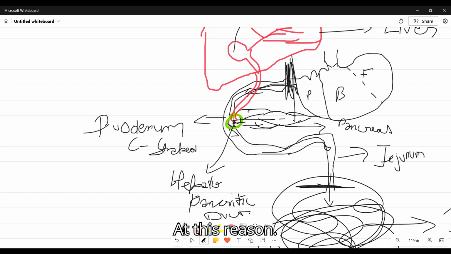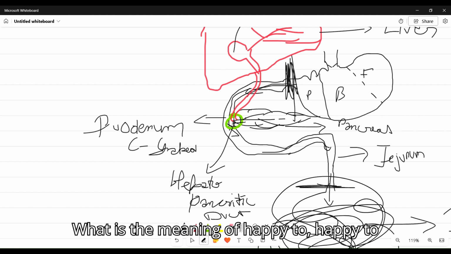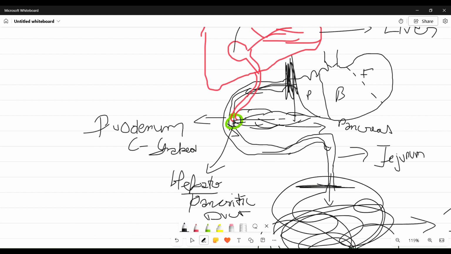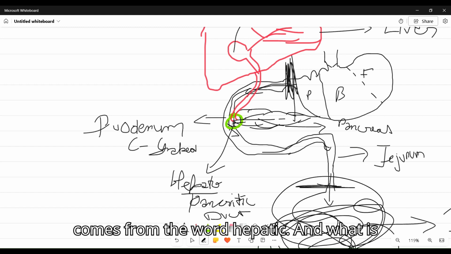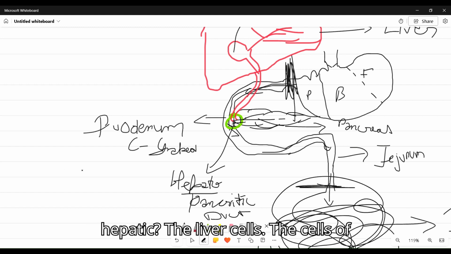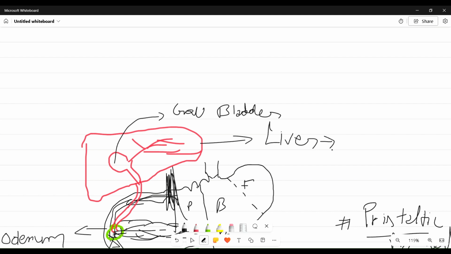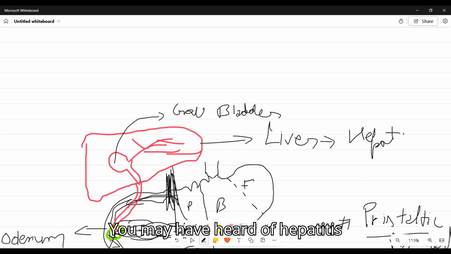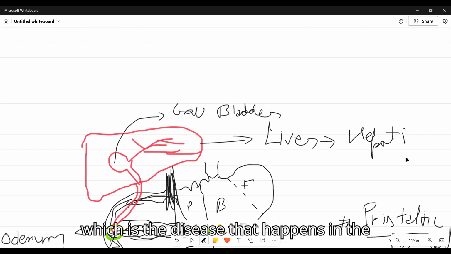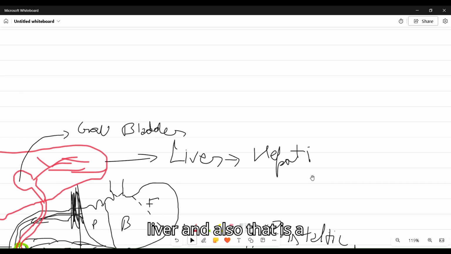What is the meaning of hepato? Hepato comes from the word hepatic. And what is hepatic? The liver cells. The cells of the liver are known as hepatic cells. You may have heard of hepatitis, which is the disease that happens in the liver.